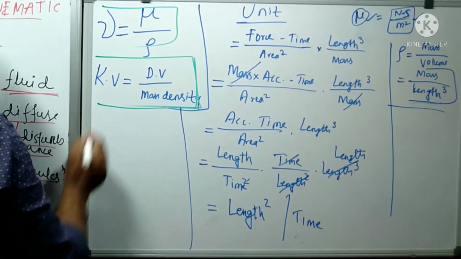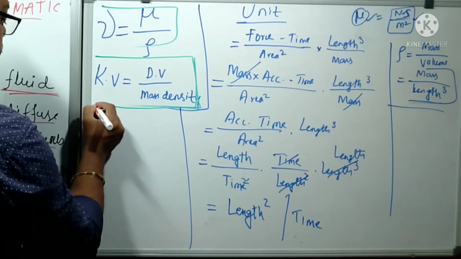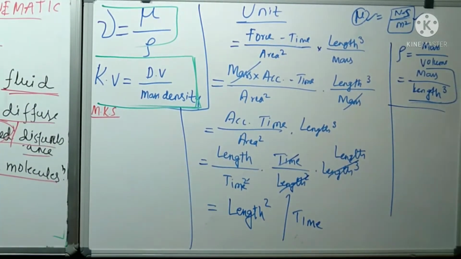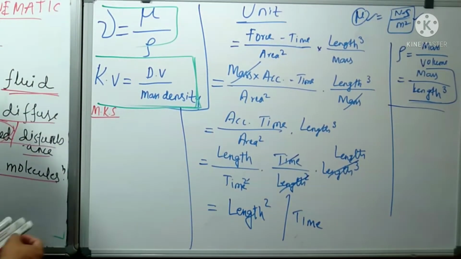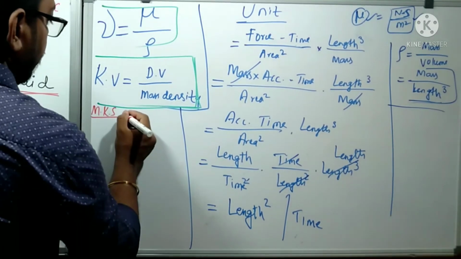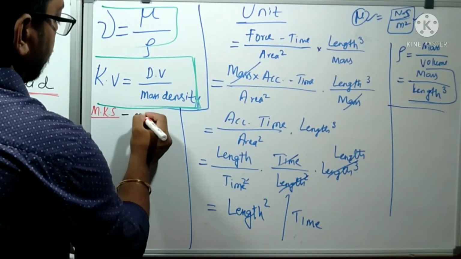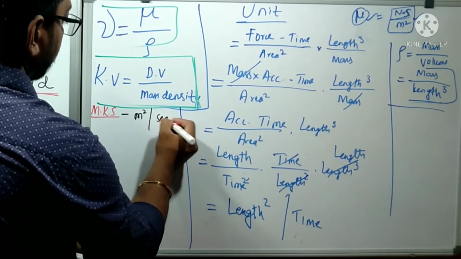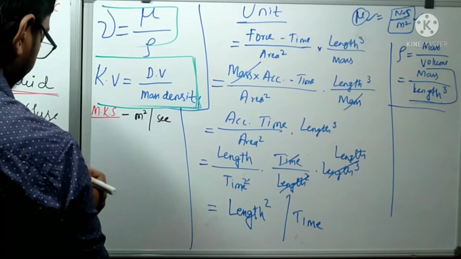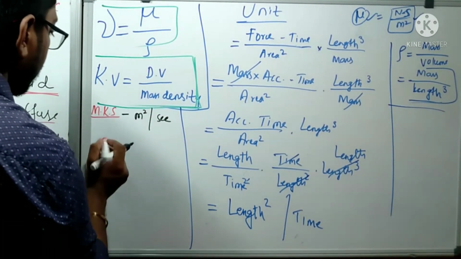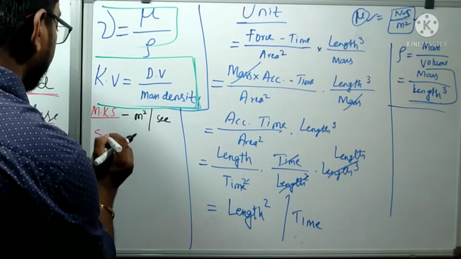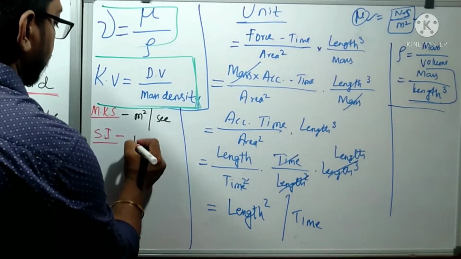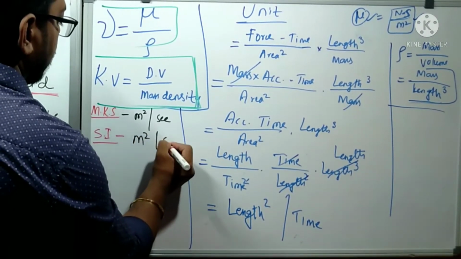Now come to MKS, SI and CGS units. In MKS, length is denoted by meter, so meter square, and time is denoted by second. In SI, length is denoted by meter, then it will be meter square, time is second.